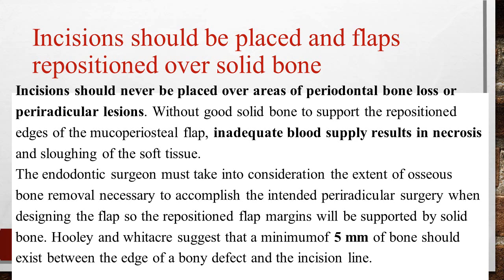The ideal extent of your flap should extend at least to the distal side of the canine on one end, and at least to the mesial side of the lateral incisor, or the distal side of the lateral incisor, on the other end. This will become more clear when you have a clinical picture, so it will be easier to explain.